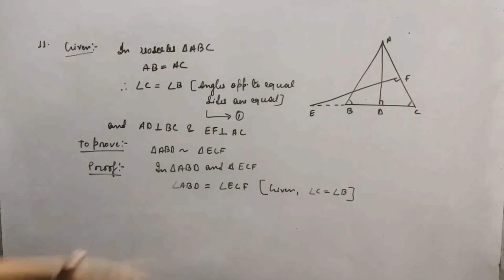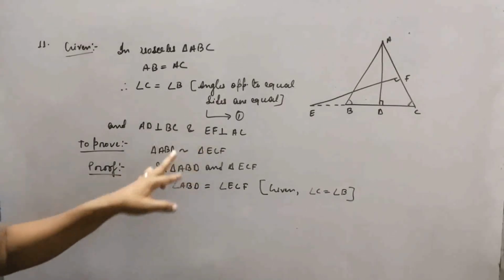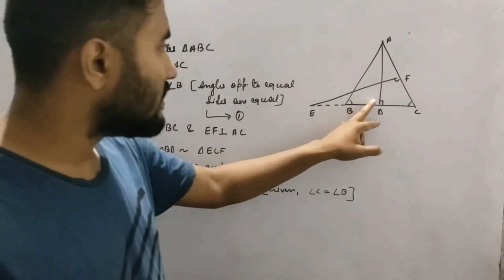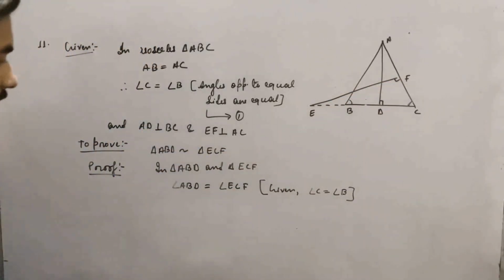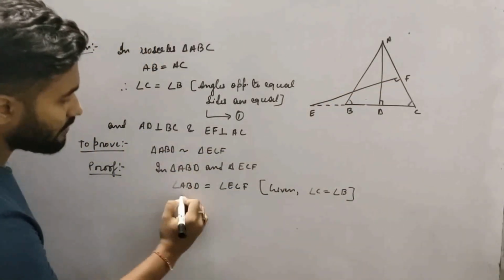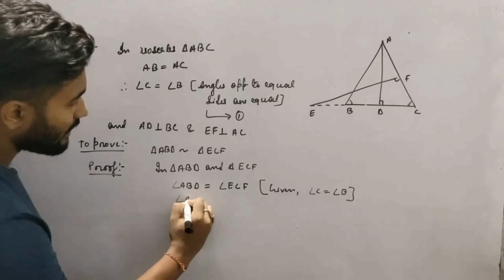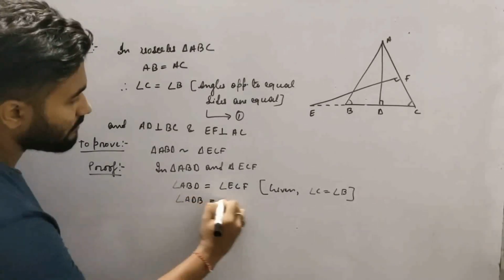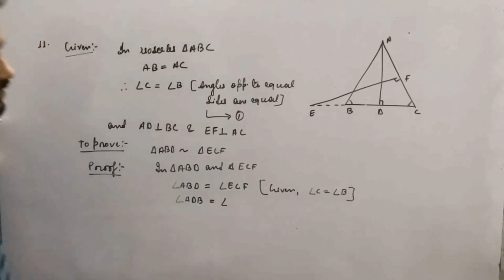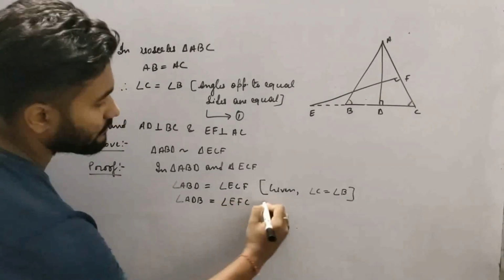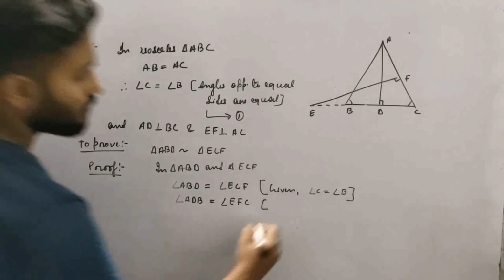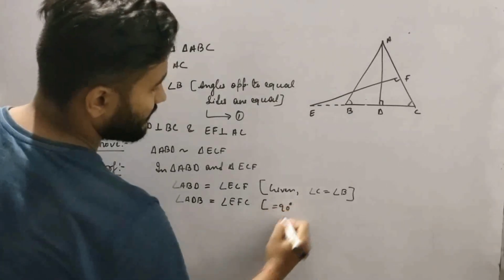Okay, so next, we can see that angle D will be equal to angle F. Can we say that D is equal to F? Clearly we can say that. Why? Because of 90 degrees, right? Bring this D to the vertex point: angle ADB will be equal to angle EFC. Why? Equal to 90 degrees.